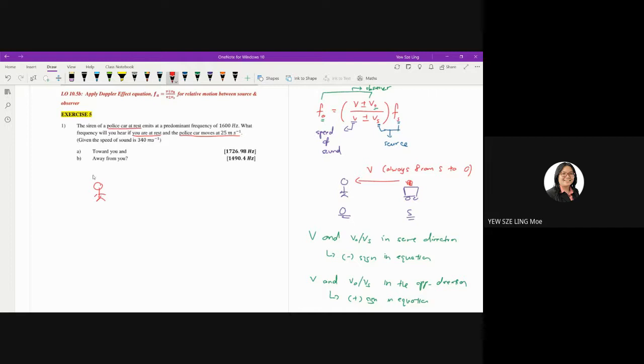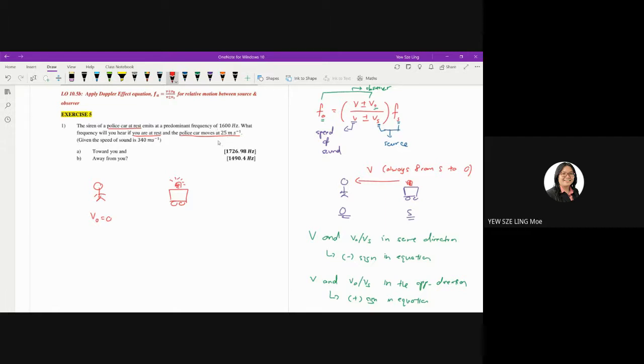So what happens right here is that this is you, and you are at rest. What does that mean? It means VO is equal to 0. And this is the police car with a siren. Why does the question give you the first statement? The police car at rest emits a frequency of 1,600 hertz. This tells you the frequency of the source. The original frequency, the frequency coming from the source, you need to take when it is not moving.